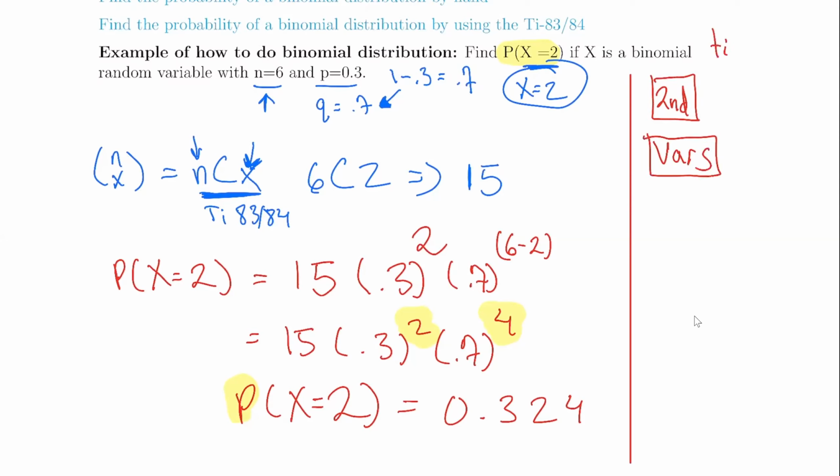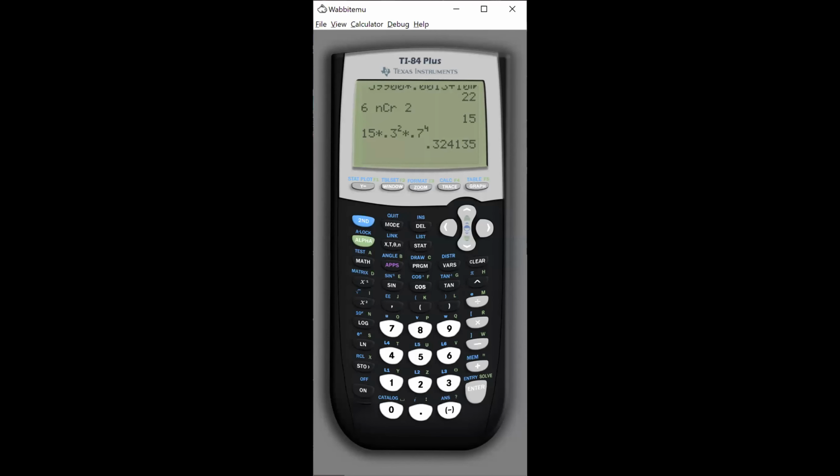All right, so you go second, you go to VARS. Well, let me switch it over to my calculator again. So you go to second, you go to VARS, and you scroll all the way down.